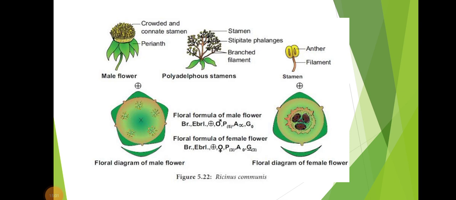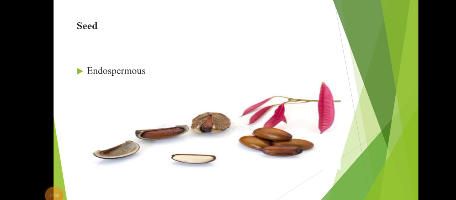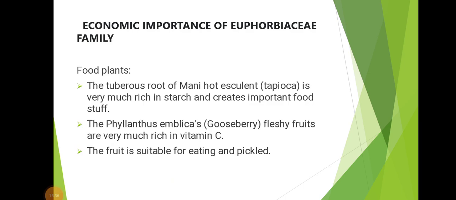Then if you see the female flower of Ricinus communis, bracteate, abracteolate and actinomorphic, it is a female symbol, and perianth is 3, androecium 0, gynoecium is 3 closed. This is the seed, endospermous. Then the important thing is the economic importance of the Euphorbiaceae family.